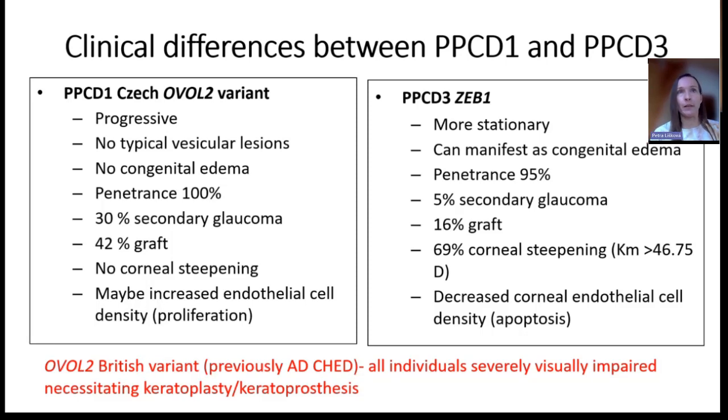When we perform specular microscopy, we've observed in PPCD3 usually decreased corneal endothelial cell density, so there is apoptosis, but in PPCD1 we occasionally observe really increased endothelial cell density, telling us that the proliferation is probably higher than in PPCD3, if in PPCD3 it occurs at all.